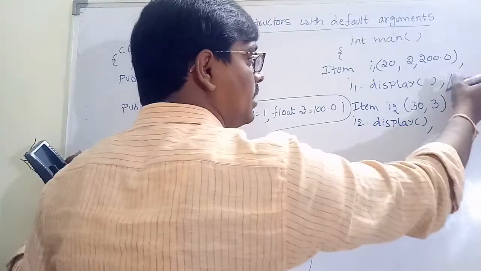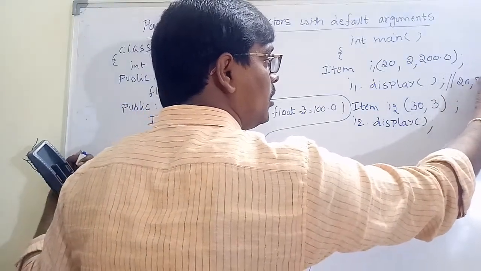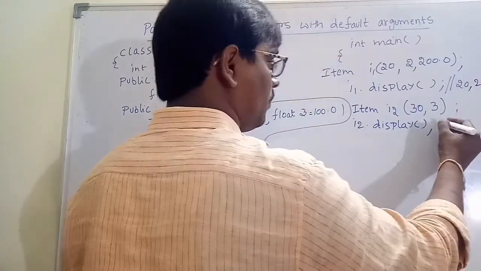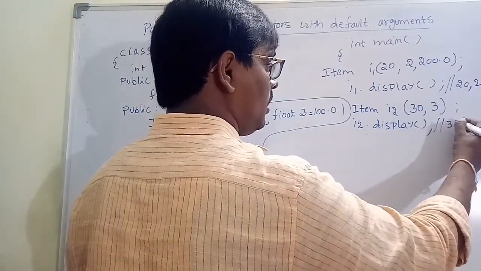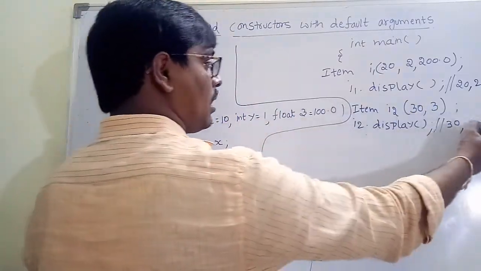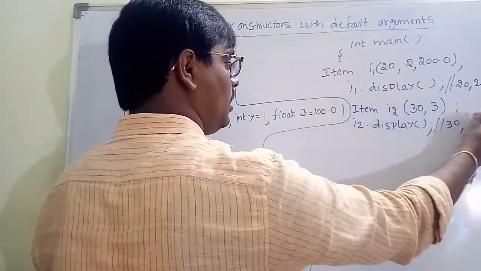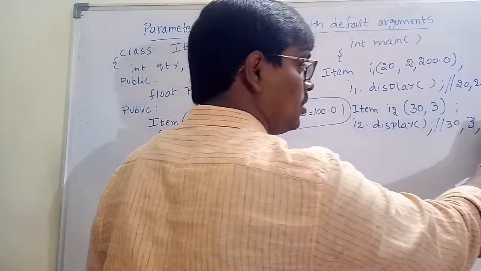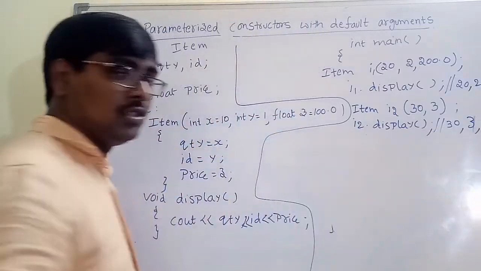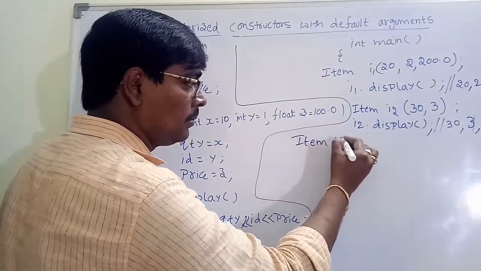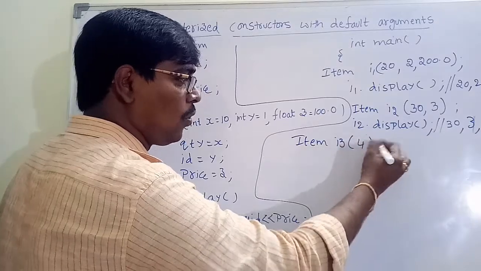So i2 dot display. Here the answer is 30, 3, 100.0: 30 is copied into x, 3 into y, and the default value for z is 100.0. So consider one more thing, item i3 of 4.